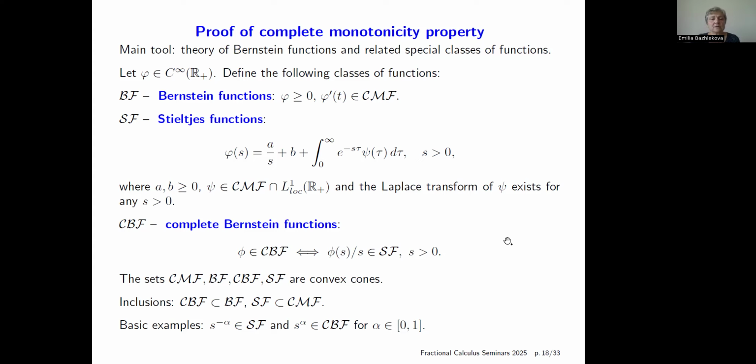So I would like to present shortly the solution. Here I give the simple definitions of Bernstein functions, Stieltjes functions, and complete Bernstein functions. All these sets are convex cones. Every complete Bernstein function is a Bernstein function.